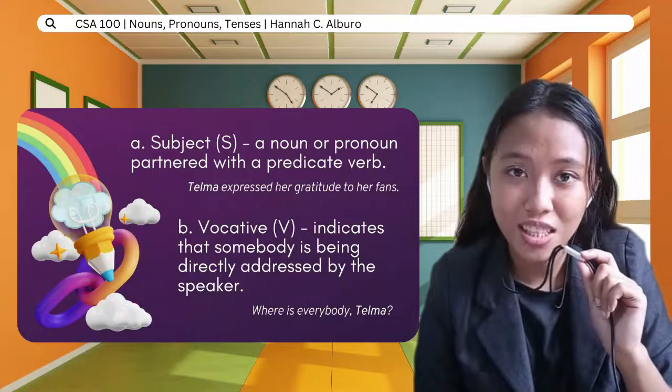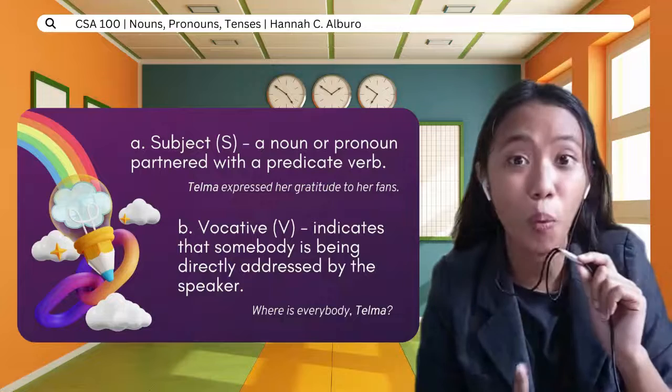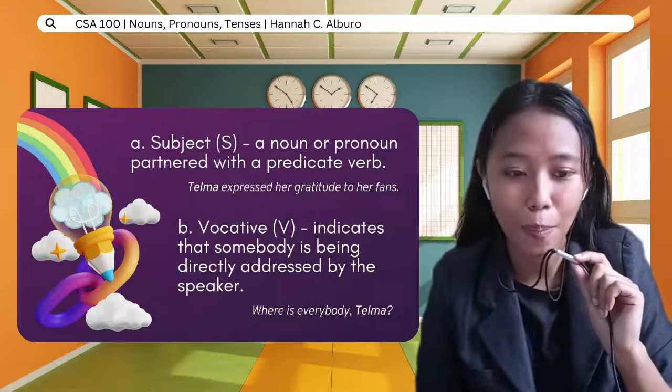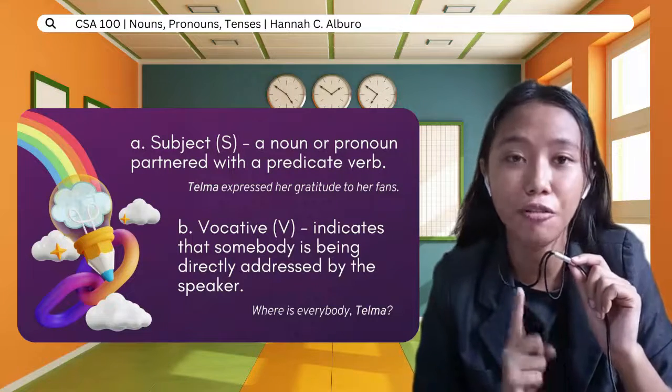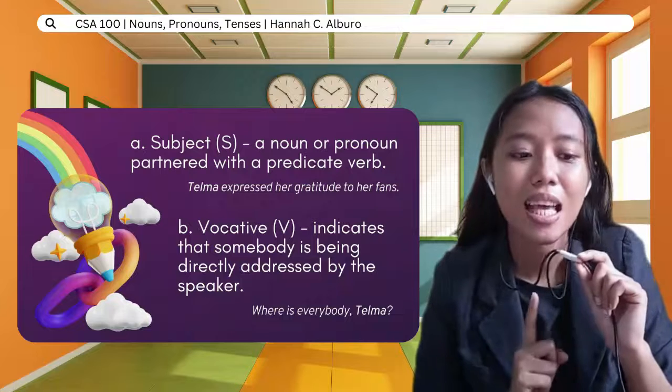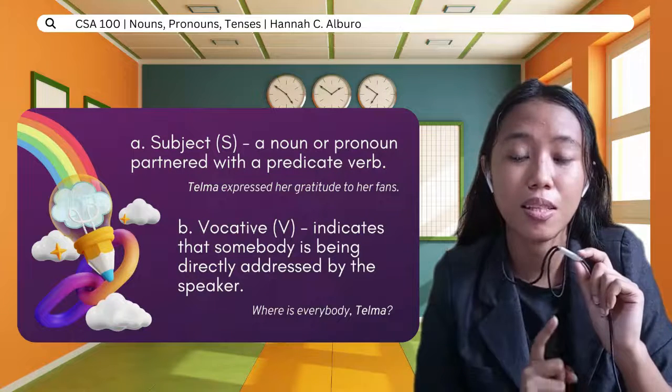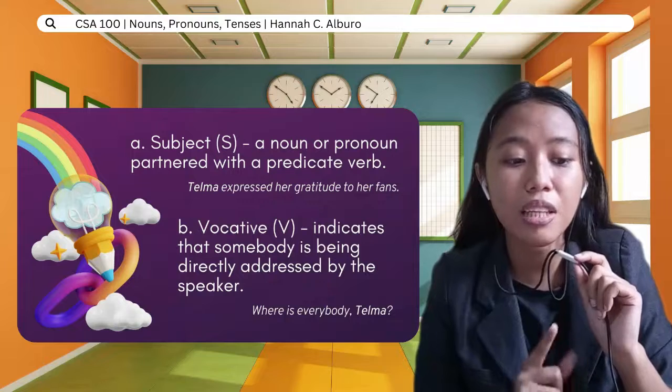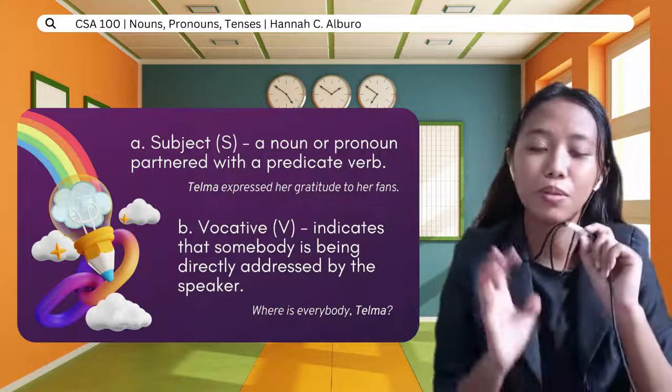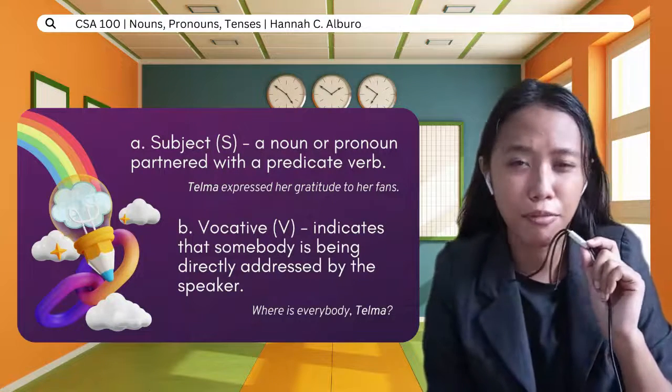Which is the subject? Of course, Thelma, no? Thelma is the noun that functions as a subject in this sentence because it is partnered with a predicative verb, expressed her gratitude, diba?